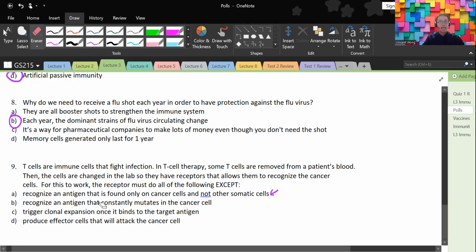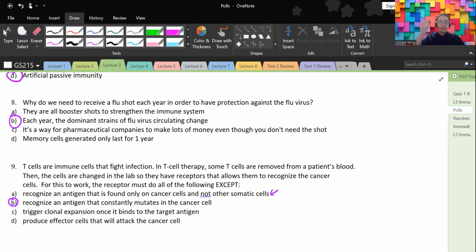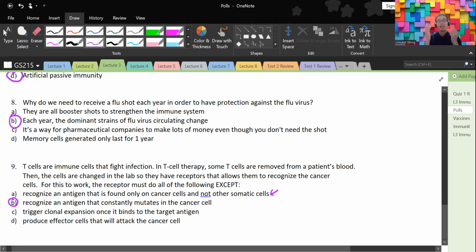Okay, number 2, recognize an antigen that constantly mutates in cancer cell. So that's the exception. That's the answer. It's not possible to create an antibody that recognizes something that mutates constantly, right? The strength and the limitation of the antibody is the same thing, which is its specificity, right?